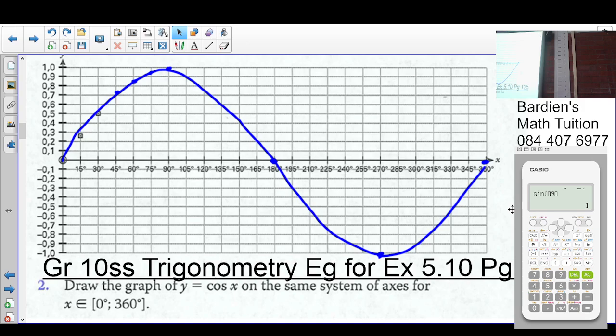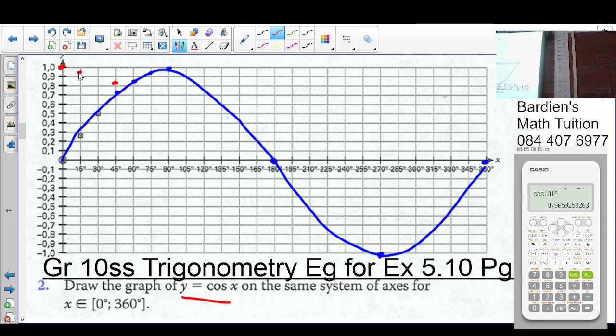So let's draw the cos graph quickly. Now you go in your calculator, you press cos of 0, which gives you 1. Cos of 15, can somebody work it out for us? 0,965. Cos of 30? 0,86.